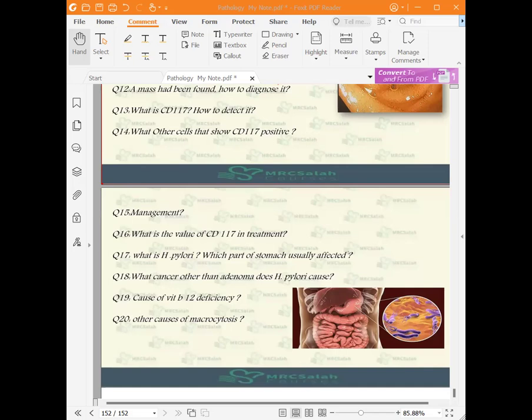Other causes of macrocytosis: alcoholism, pernicious anemia, hypothyroidism, and chronic ileal disease, inflammatory bowel disease or ileal resection. That's it. Okay, thank you.